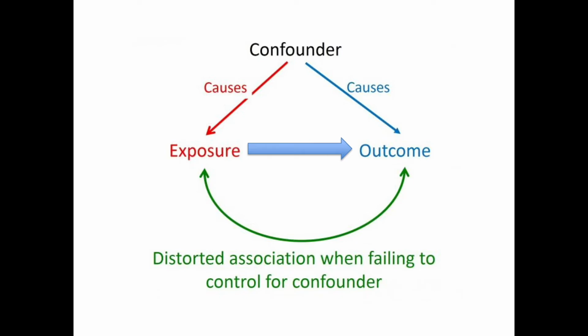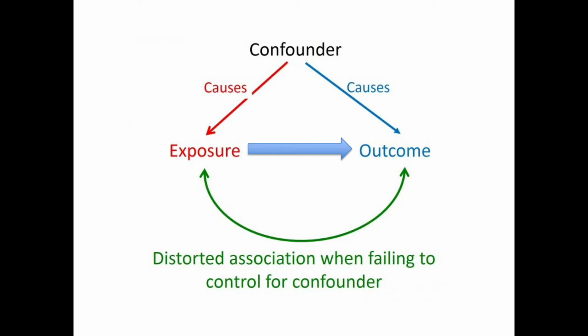Now, one very common occurrence would be when we measure crudely the association between exposure and outcome, we see that there is an association. There's a positive association, meaning that the more of the exposure there is, the higher the chance of the outcome.